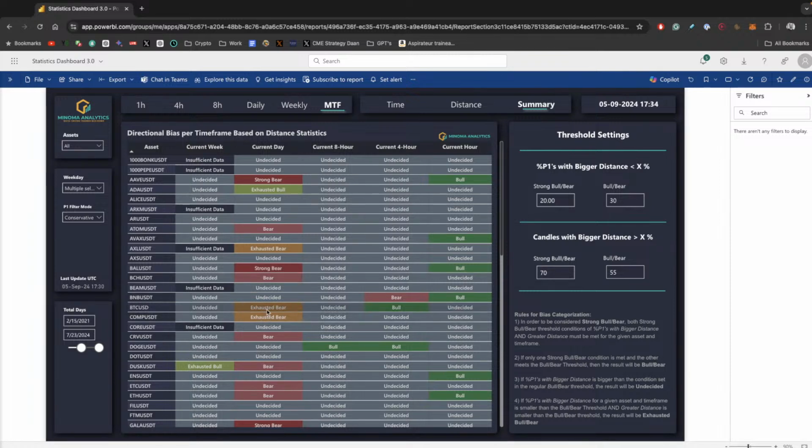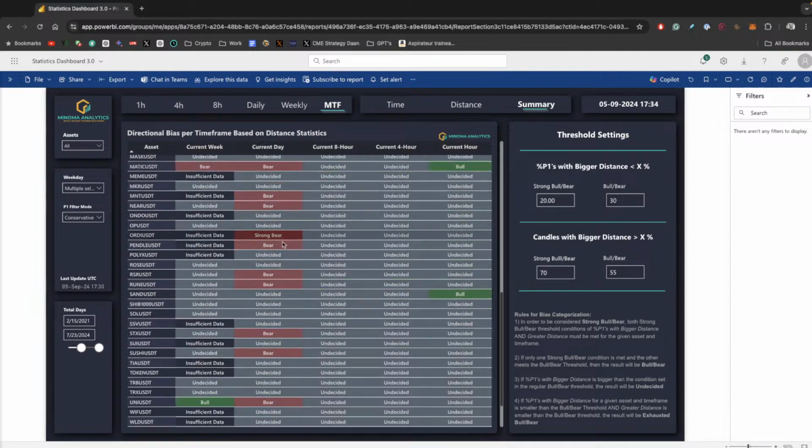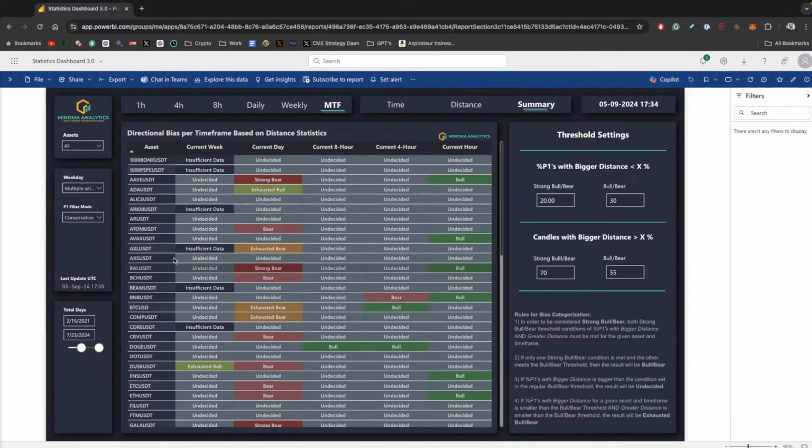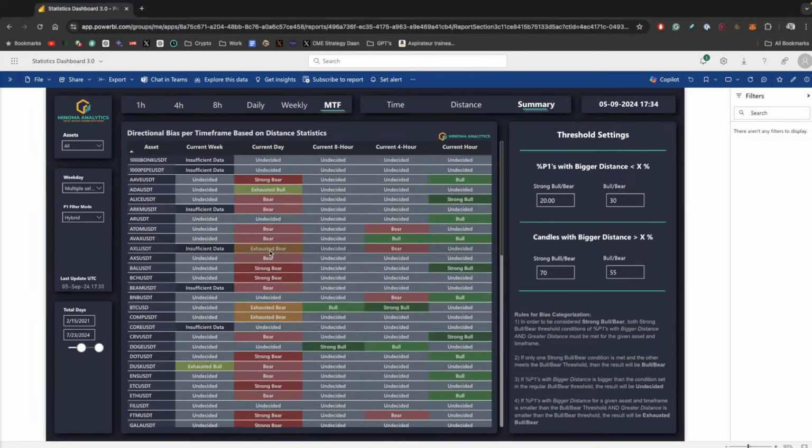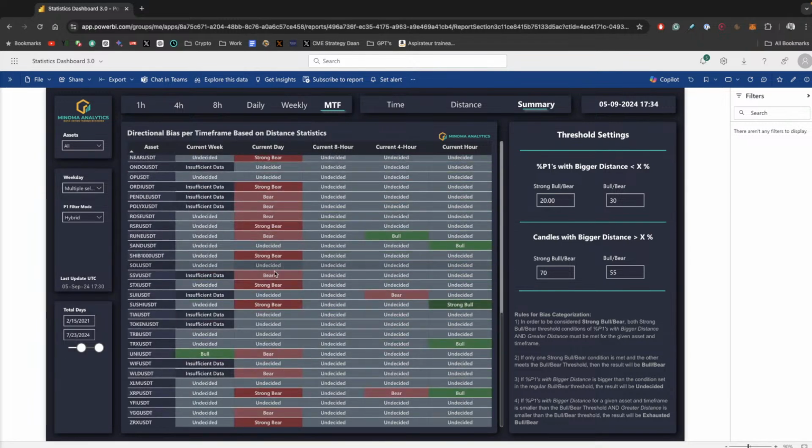Well, Bitcoin is at exhausted bear, but there are still quite some exhausted or strong bear signals. Especially, for now, let me just put it like this: if the daily high holds, then using hybrid is a very, very valid approach for looking at the daily time frame. And then it becomes even more bearish.